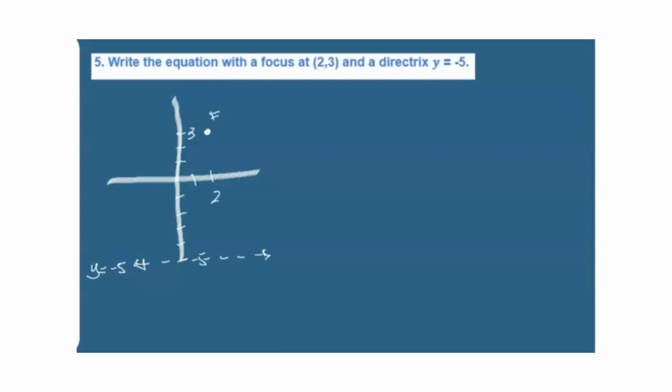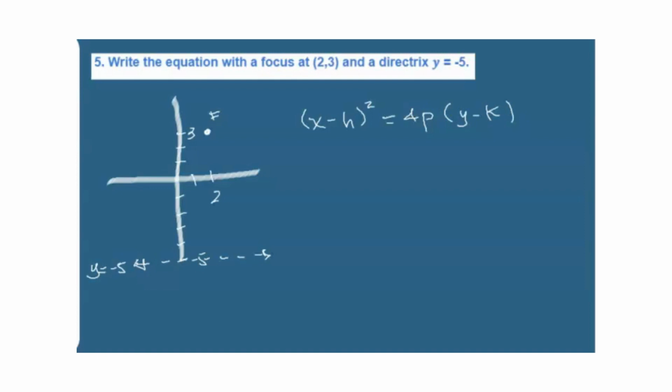So it's a vertical parabola that follows the standard equation (x minus h) squared equals 4p(y minus k).